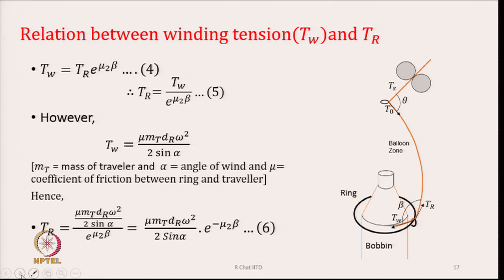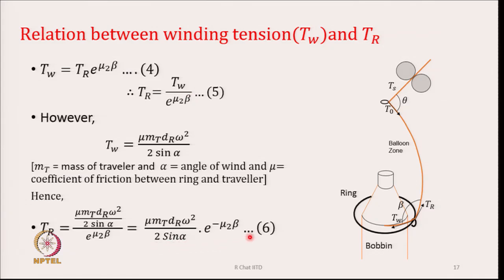Hence, if we replace the Tw by this, we write Tr is going to be mu mt dr omega square by 2 sin alpha. It is just the substitution of the value of Tw in equation 5, and we get this.